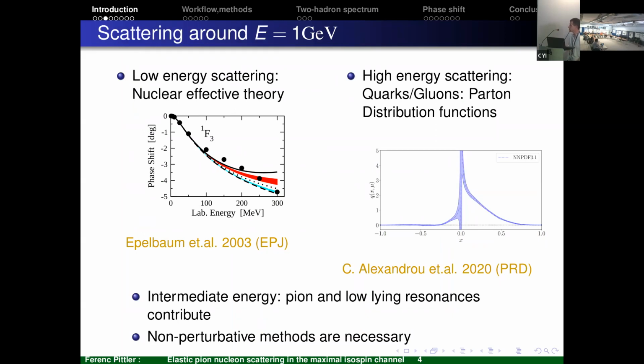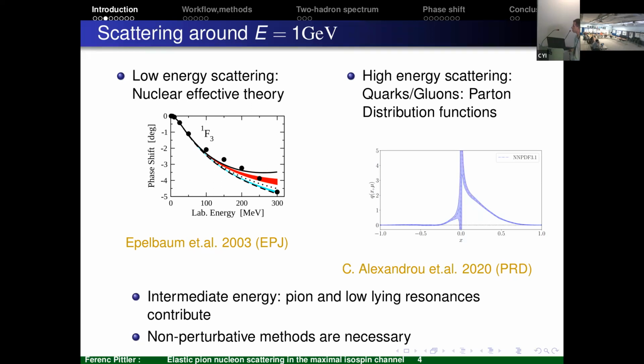So then let's put on the map what I am going to present here about scattering. In very low energy scattering, you usually have some approximation to the potential, to leading order or next to leading order in perturbation theory.